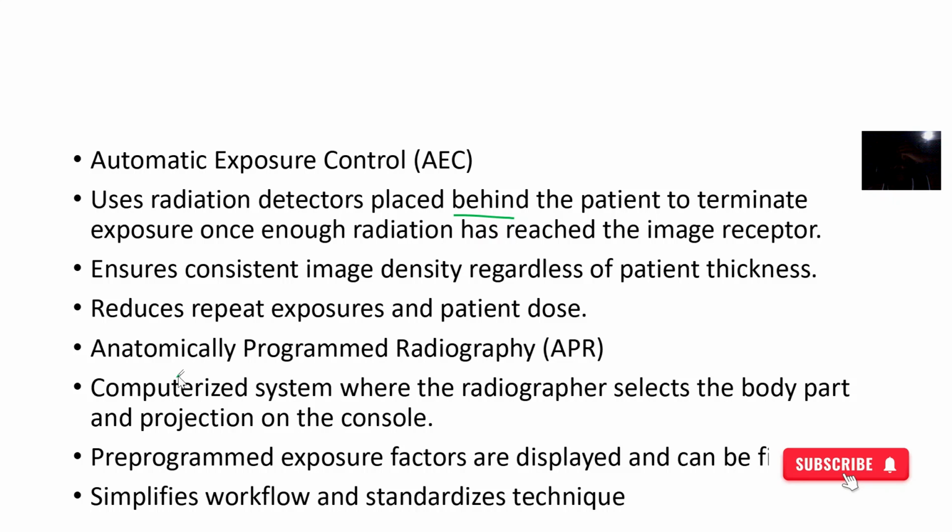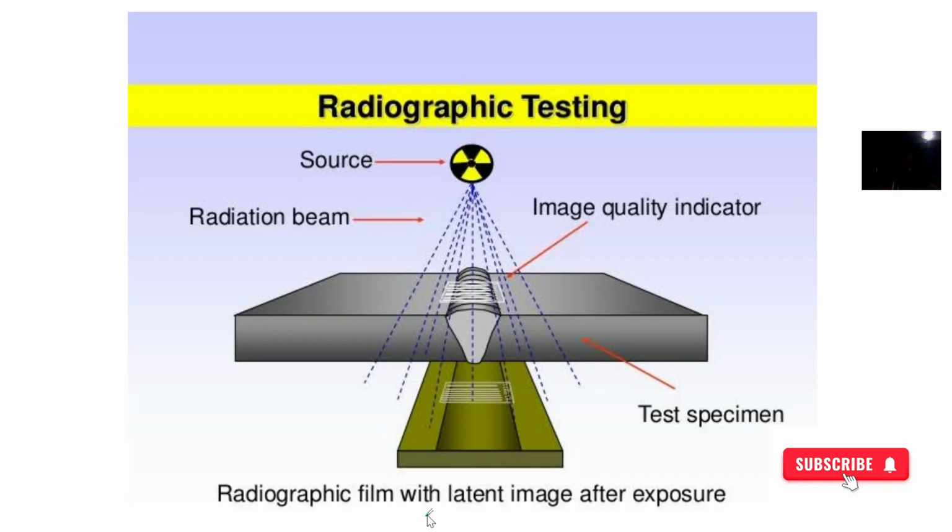Then we have anatomically programmed radiography, where you have computerized systems and the radiographer selects the body part and the projection on the console. Then we have the pre-programmed exposure factors, where everything is fine-tuned, which simplifies the workflow and also standardizes the techniques.